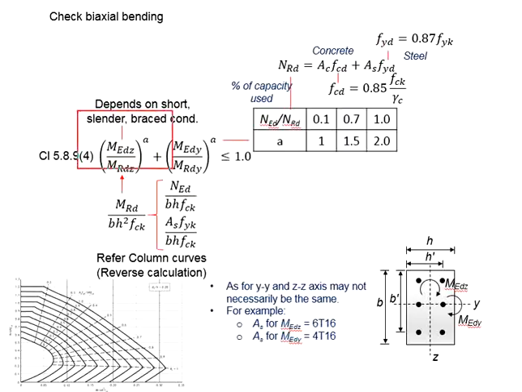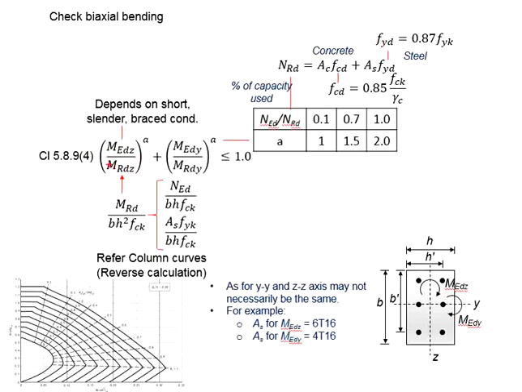In order to adopt these equations, you will see the rationale of the equation is analyzing the capacity of the column in different axes separately. You need to get the MED versus the resistance of the moment in that particular axis.